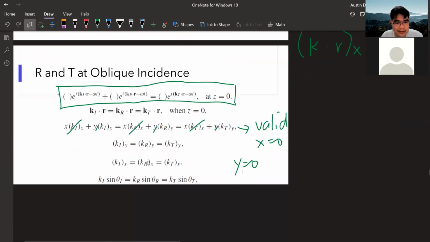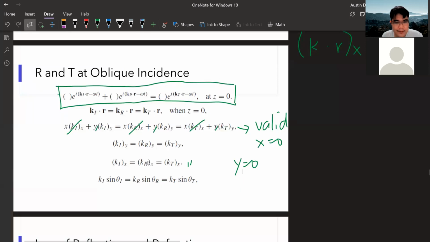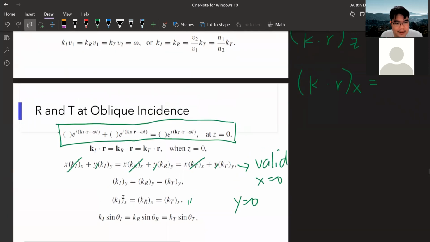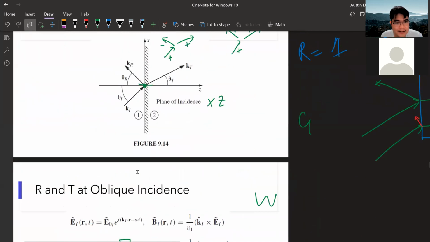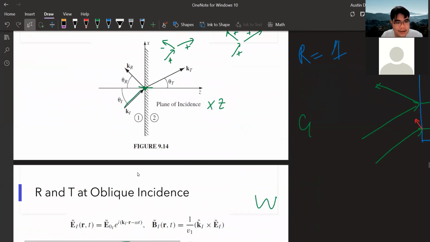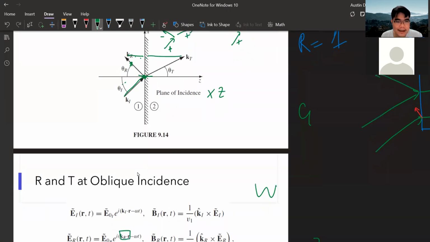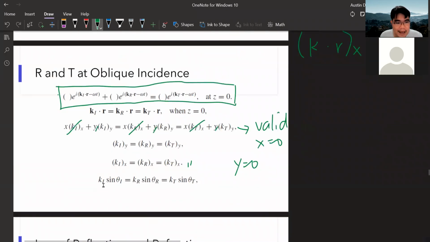And this implies, from our three equations, that the x part of ki is just the x projection, which would be sine theta. The x projection of this one is also given by the sine, and also this one. Therefore, ki sine theta I must equal kr sine theta r, and must equal kt sine theta t.